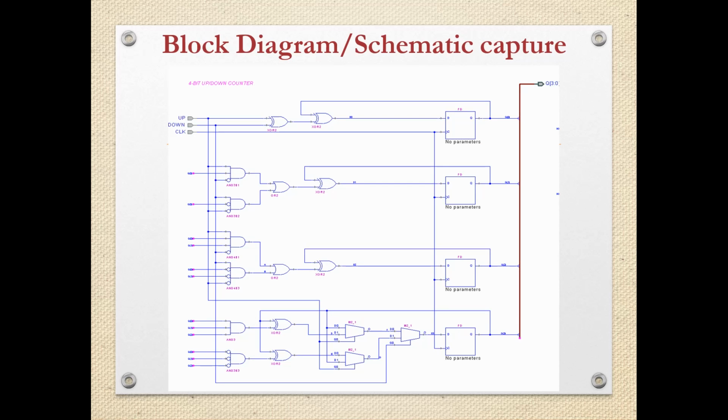The first method is block diagram or schematic capture. A schematic circuit is literally drawn in an appropriate graphical editor. The EDA tool associated with this task is called the schematic capture tool. An electrical rule check, that is ERC, is usually run.